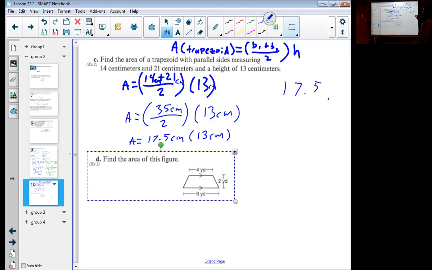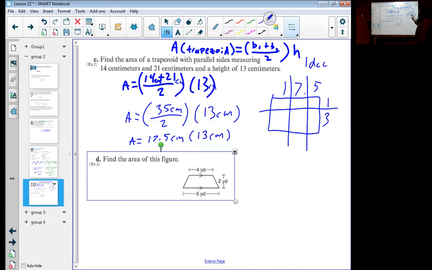17.5 times 13. You're multiplying, and you have one decimal. 5 times 3 is 15, carry the 1.